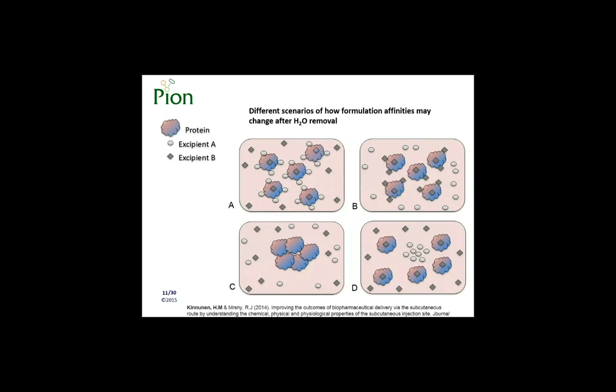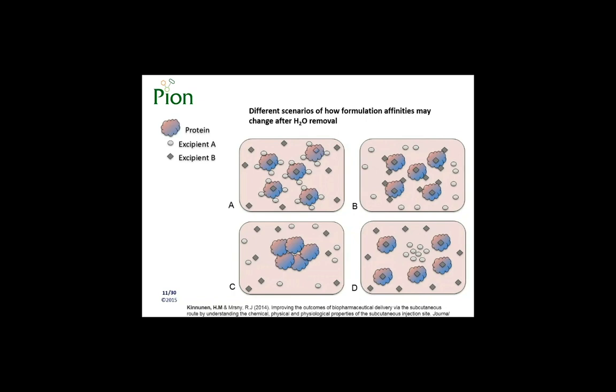These diagrams show 4 hypothetical scenarios that illustrate the potential reorganization of a protein in the presence of 2 excipients following subcutaneous injection. In scenario A, all the components remain associated in the same way within the ECM. In scenario B, excipient A is removed and excipient B associates more strongly with the protein.